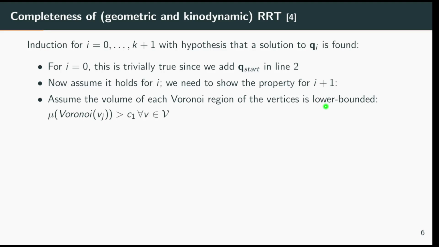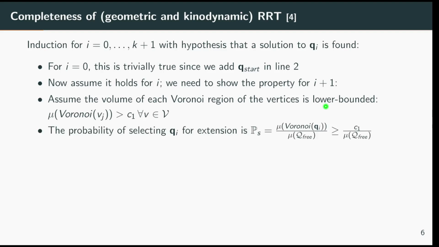So we assume that this volume is lower bounded by some constant, so it is strictly greater than 0. That at the end just means that we never have a density where we have just a single point. So I think this assumption makes sense as long as we have finite points in our space.